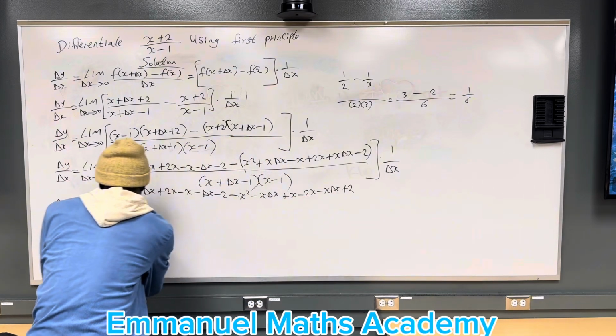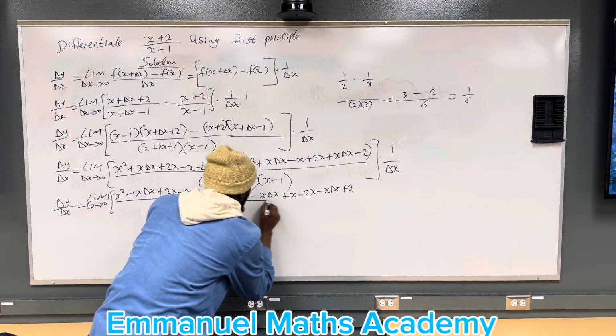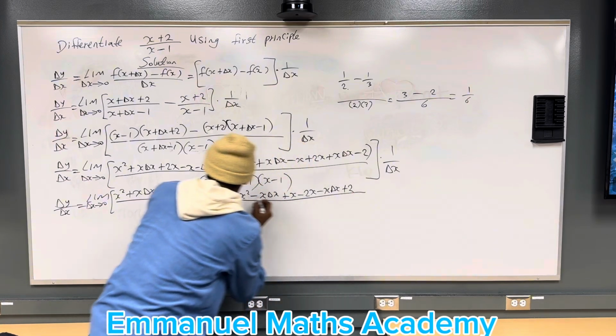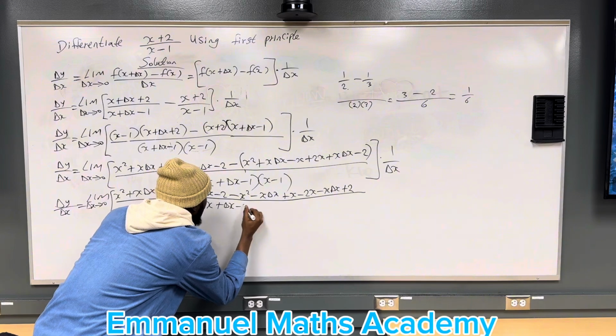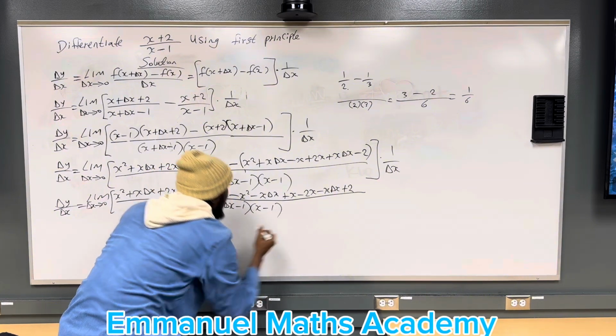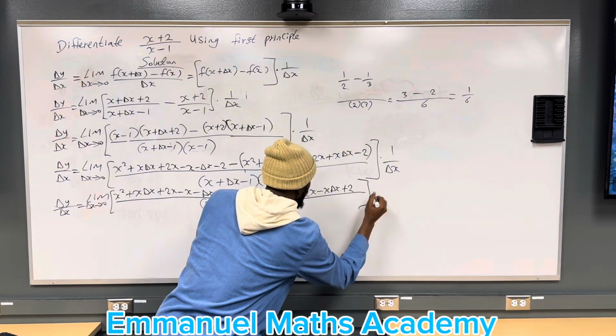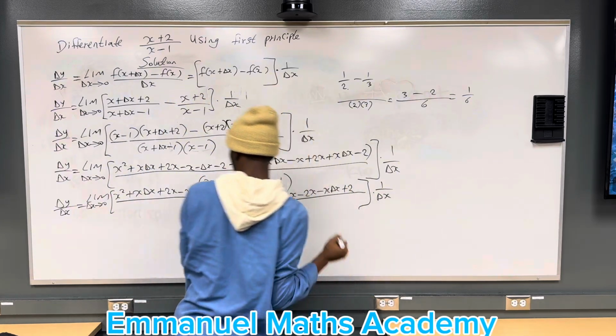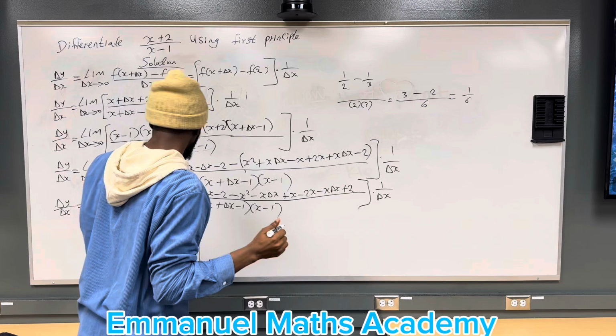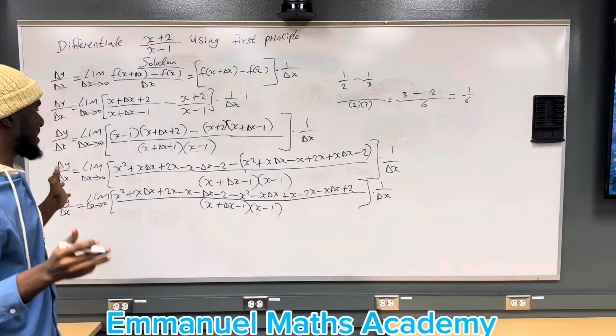All this over what? x plus delta x minus 1, x minus 1. Remember, you still have something outside, which is 1 over delta x. Right? Now you collect like terms and cancel out.